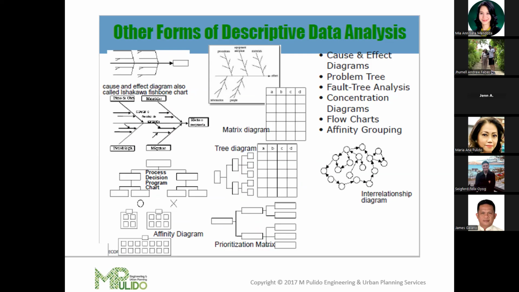So I'm not sure if you've used that, but it's already a very old tool. The head being the problem and the bones representing categories of causes.